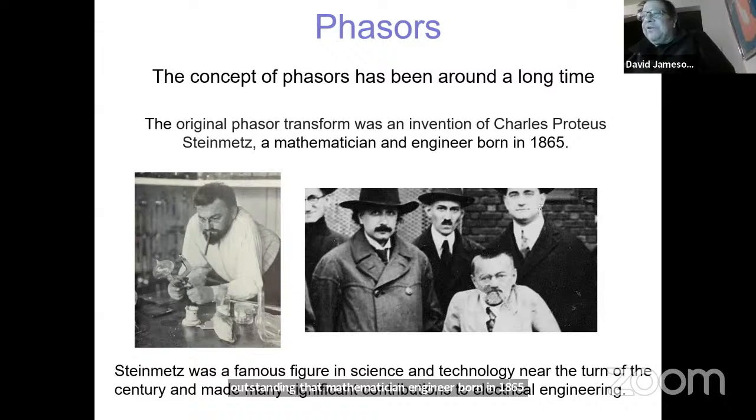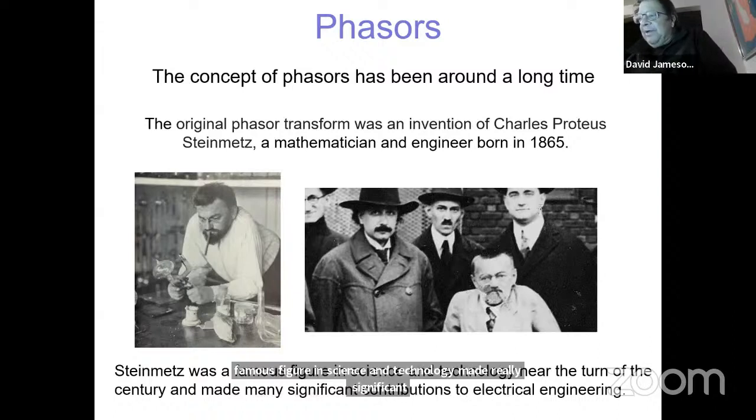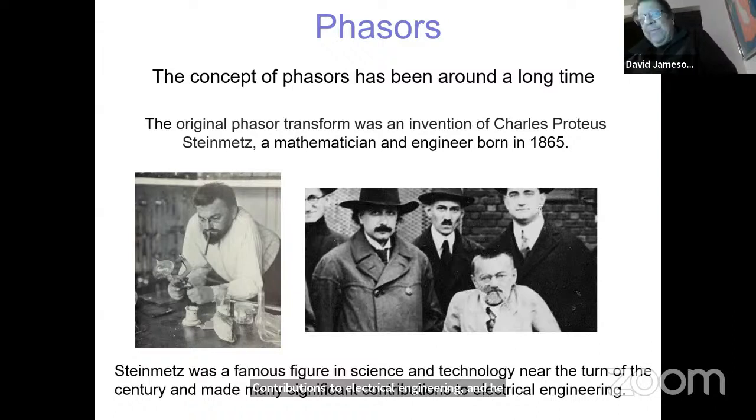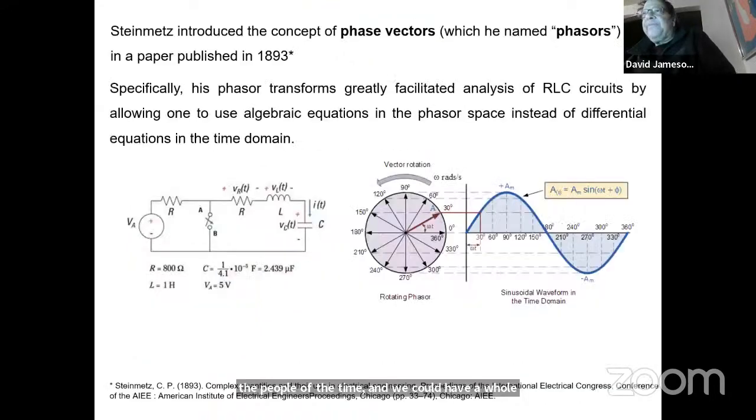Around the turn of the century, he was a very famous figure in science and technology, and made really significant contributions to electrical engineering. And he knew all the people of the time. We could have a whole lecture on Steinmetz, but obviously we don't have time. But he introduced the concept of what he called phase vectors. That's where the word phasor comes from, phase vectors, in a paper he published in 1893.